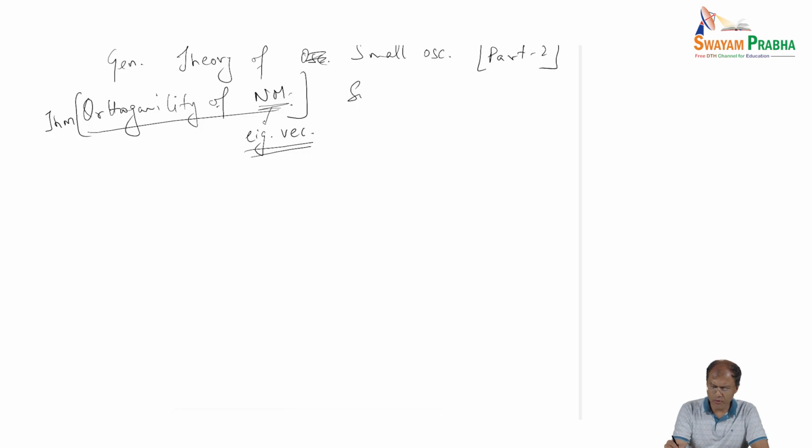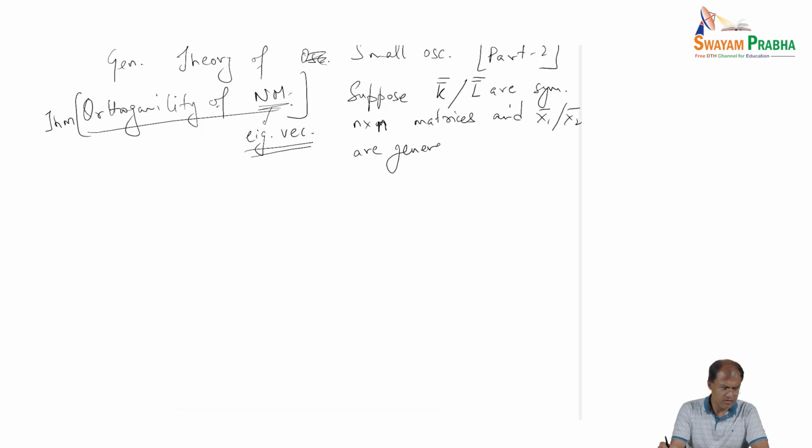Suppose K and L are symmetric n cross n matrices, and x1 and x2 are generalized eigenvectors of K with respect to L.